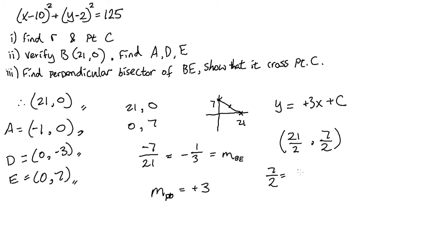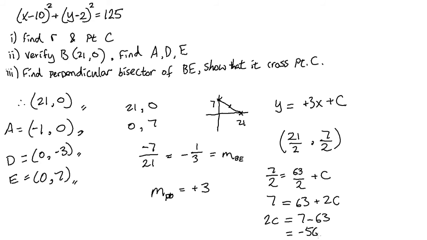So that is 63/2 plus c, and for the reason that I want the mathematics to be a bit easier, I multiply both sides by 2 to get 7 = 63 + 2c, and you can find that 2c is 7 − 63, which is not a particularly beautiful number.